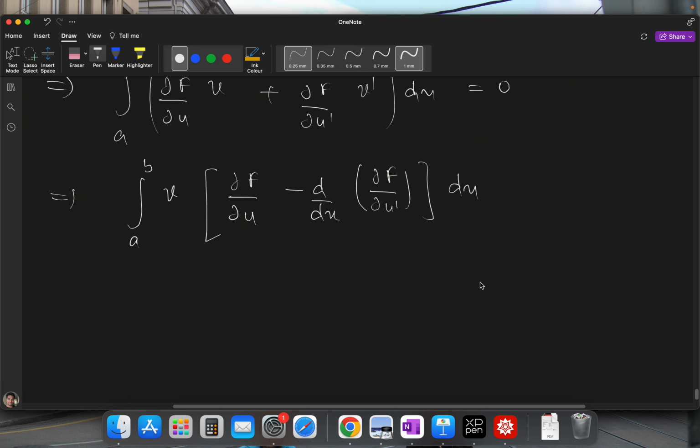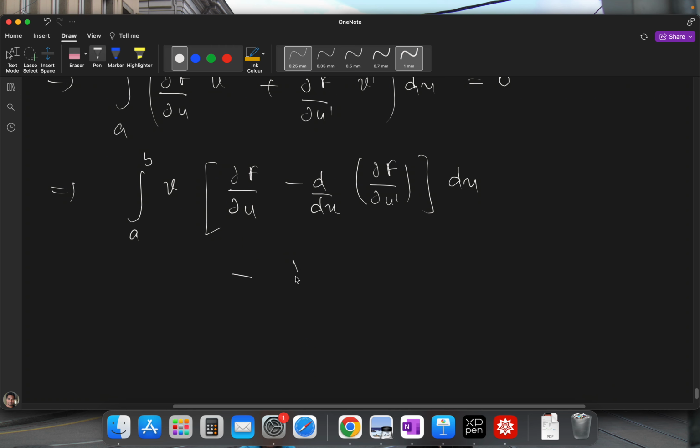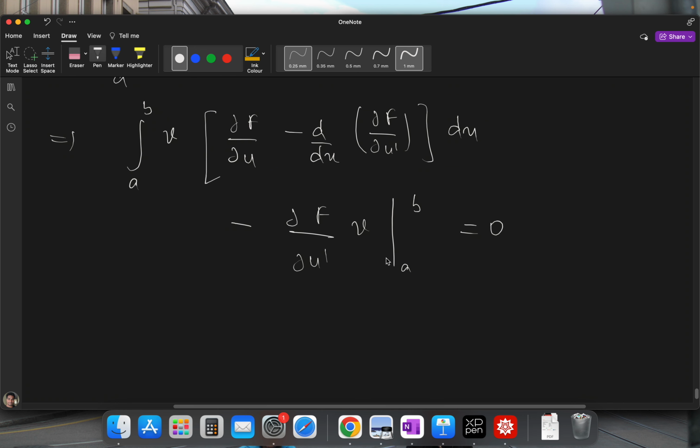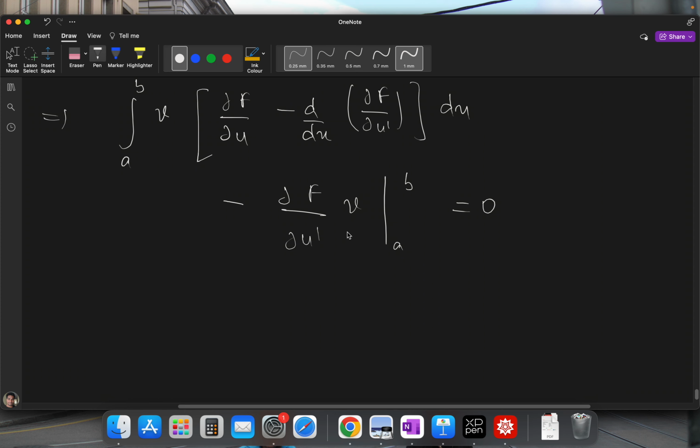Now there is a very important step where you will see how to get the boundary condition. When you try to get the Euler-Lagrange equation, you apply the end condition.